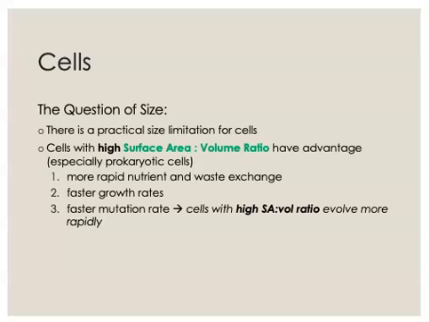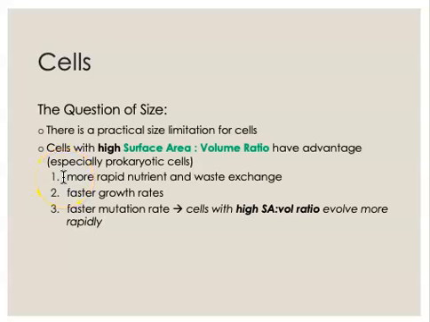In other words, that's an adaptation that helps a cell survive. A high surface area to volume ratio, in other words, a high surface area compared to its volume, is an advantage for a living cell for a number of different reasons.